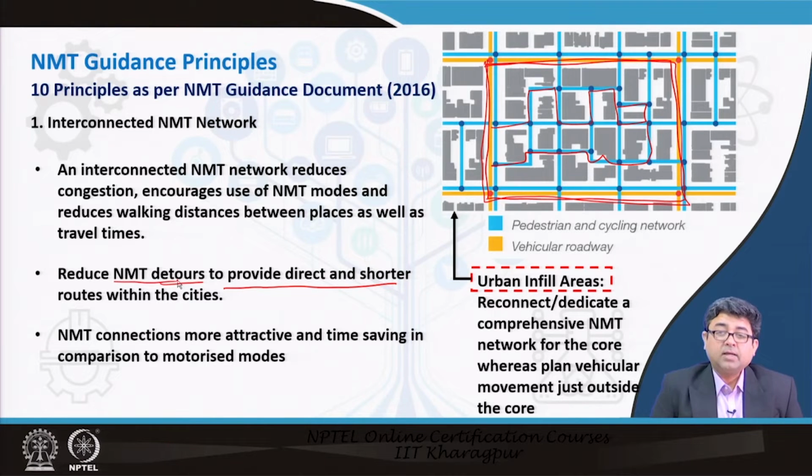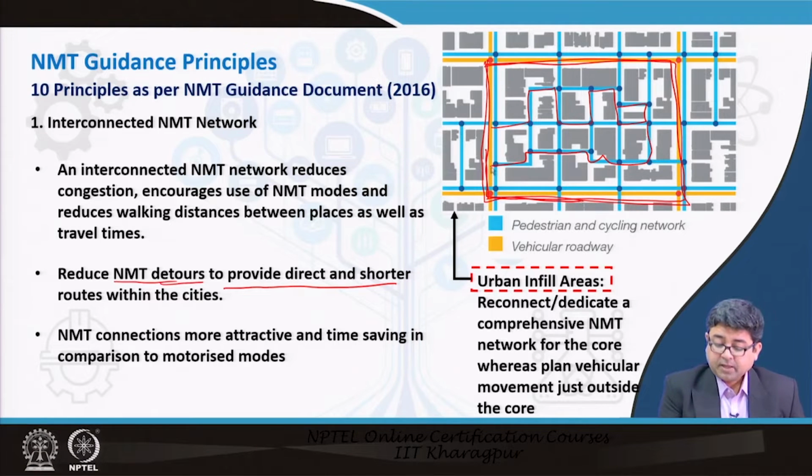Especially we should avoid detours for NMT infrastructure, right? Since you have to walk or bicycle, that takes a lot of physical energy out of people trying to use them. We should always try to provide them a direct connection rather than a detour. For a vehicle you can easily provide a detour, which will only consume a little bit of extra fuel.